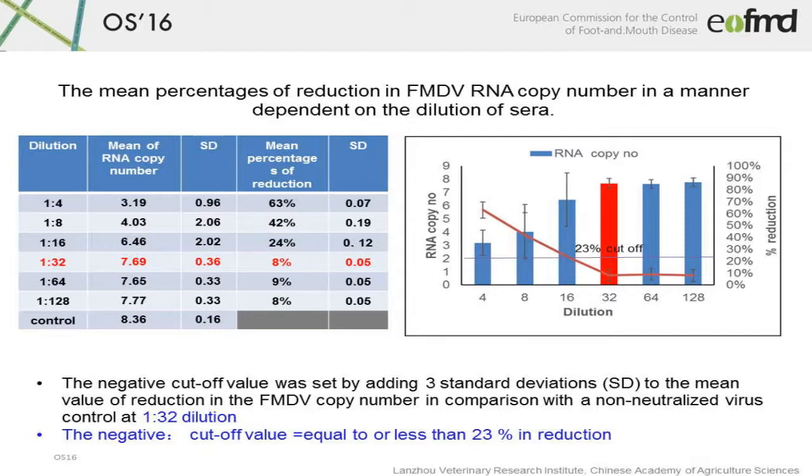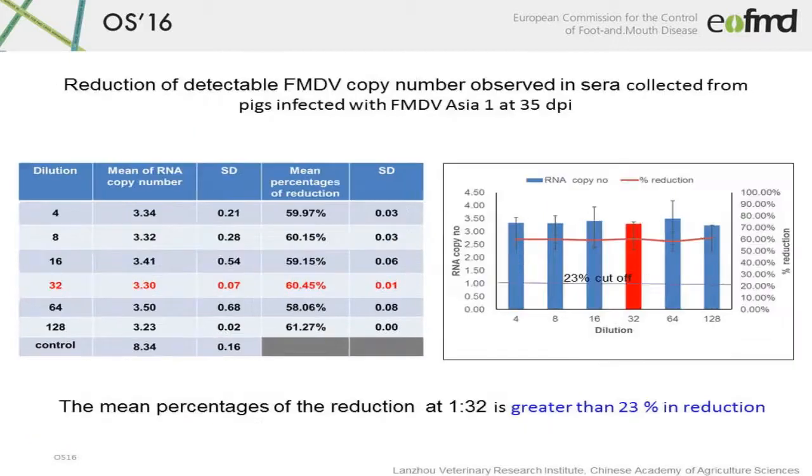With this in mind, we do the further test with positive samples, which we collected from pigs infected experimentally with FMD H1, and we collected serum samples 35 days after infection. Here you can see again there are different dilutions of serum, and if you look at 1/32 dilution, the reduction rate is still greater than 60%, which means it's still positive.